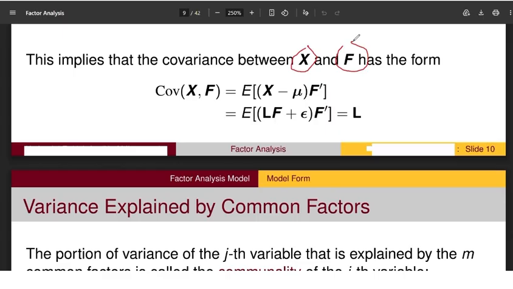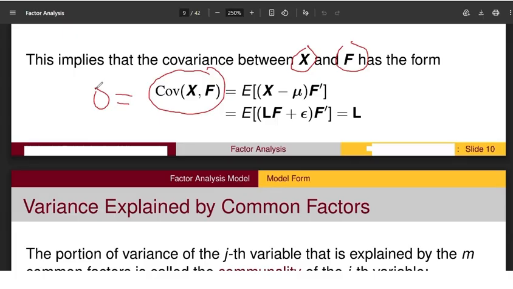You know what is going to happen? Can somebody tell me? Let's assume that I did the covariance here and I got zero. What is the implication if the covariance between the original features and the factors is equal to zero?